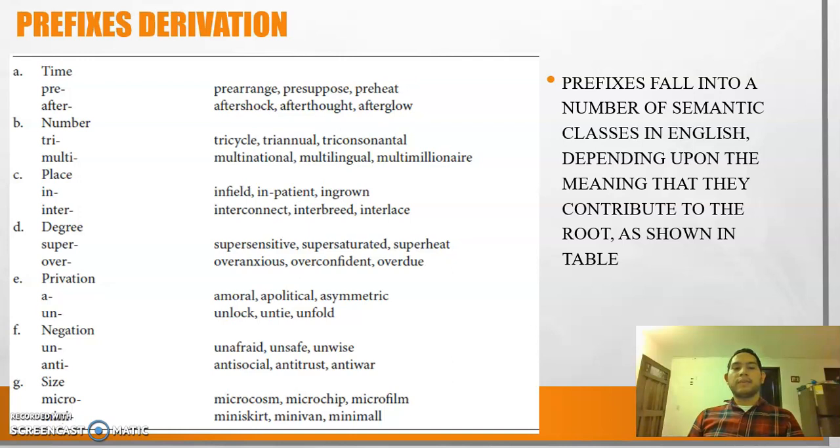For example, unafraid, antisocial, antitrust, anti-war. Size, micro, microsome, microchip, mini, minuscule, miniband, minimum. So as you can see, the prefixes change the semantic meaning of the word.